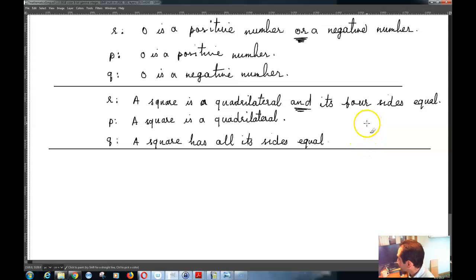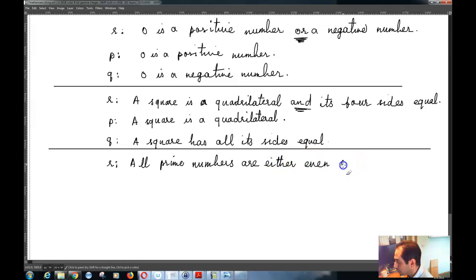Number 2 is: all prime numbers are either even or odd. For example, R is all prime numbers are either even or odd.